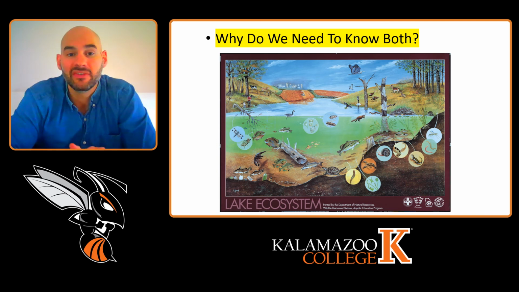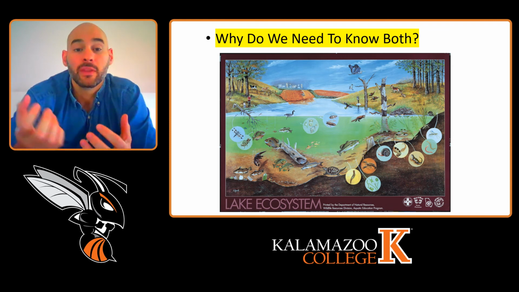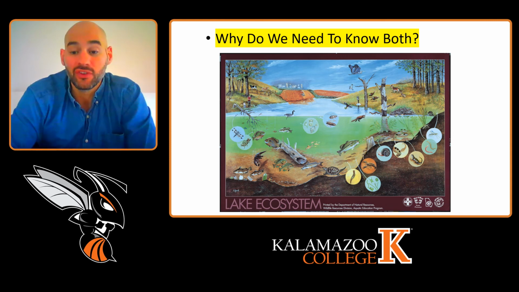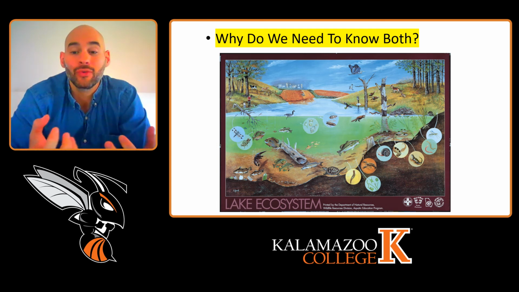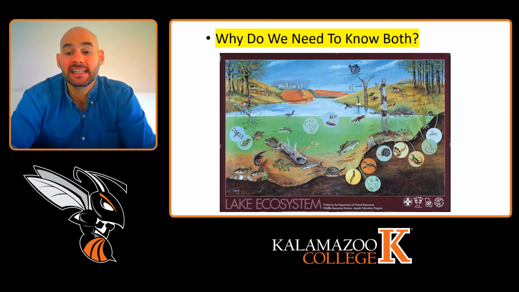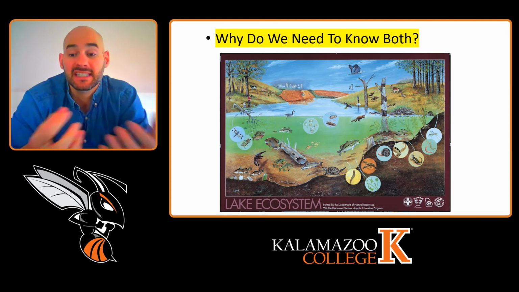And so if we think about instead of being the manager of an economy, we are the manager of an ecosystem, then we want to think about what the goals of managing an ecosystem would be. So let's take this lake ecosystem as an example. What would your goals be if you were charged with maintaining this ecosystem?